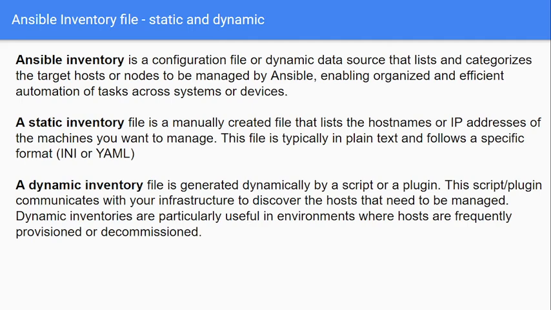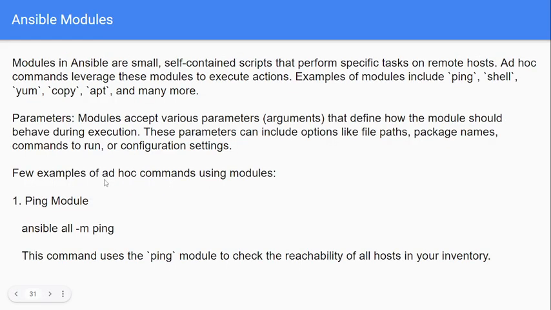Static means we'll manually add something into it: this is the group of servers, this is the IP address. Dynamic can be used in terms of cloud and all, where we can dynamically get the inventory, but as of now this is not required. We'll be using a static inventory only. For dynamic inventory we'll need plugins and all.